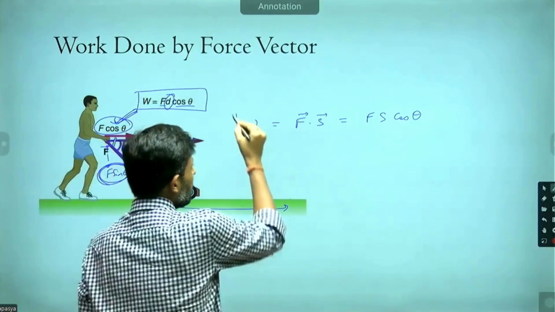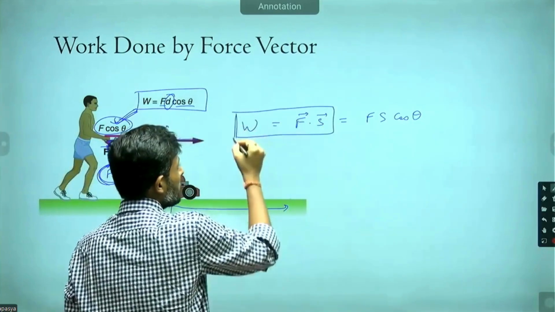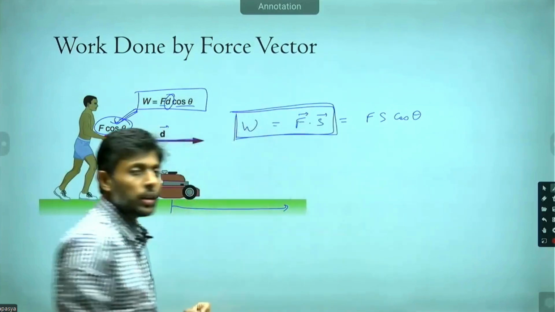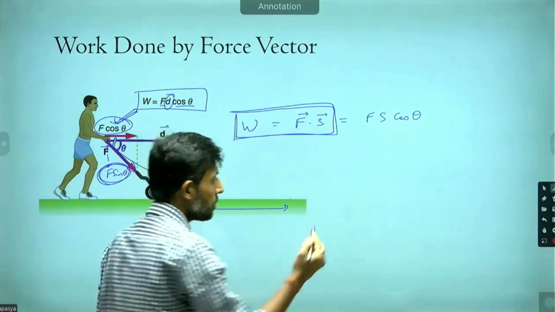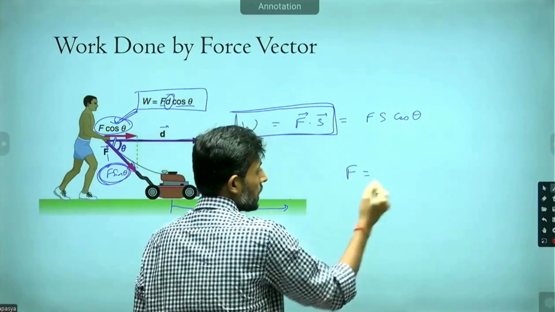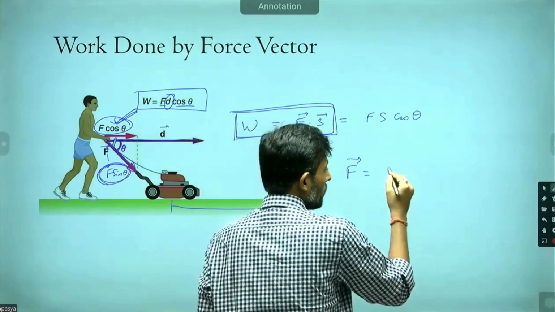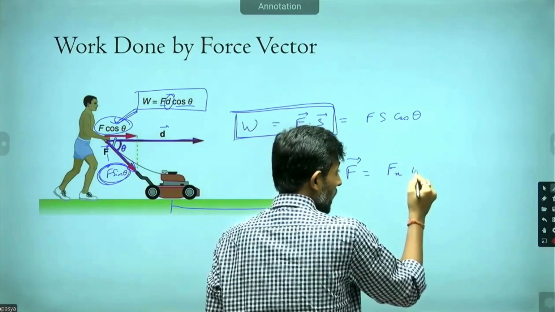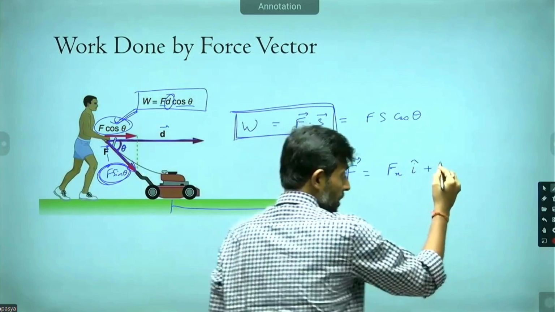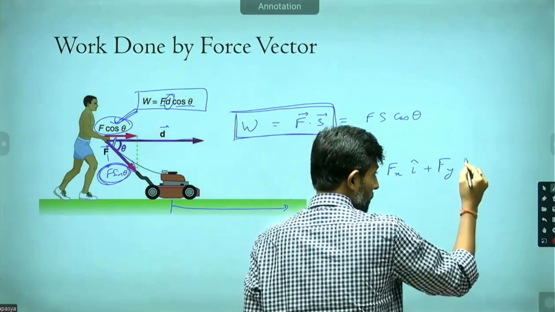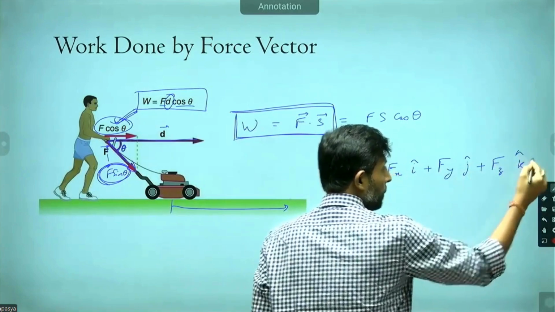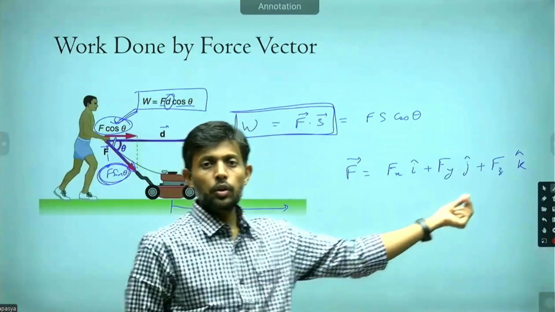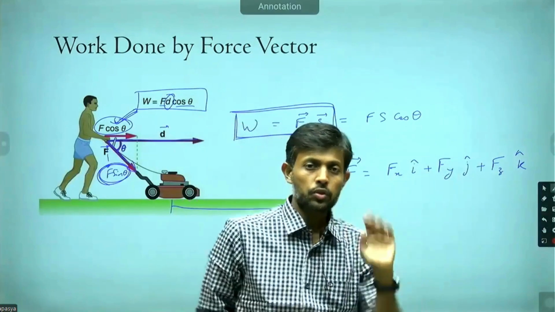This format is interesting and it helps us in a lot of cases when the force given to us is in vector notation. Say the force vector is given to us as Fx i cap plus Fy j cap plus Fz k cap. So in terms of orthogonal unit vectors, I've represented some force.